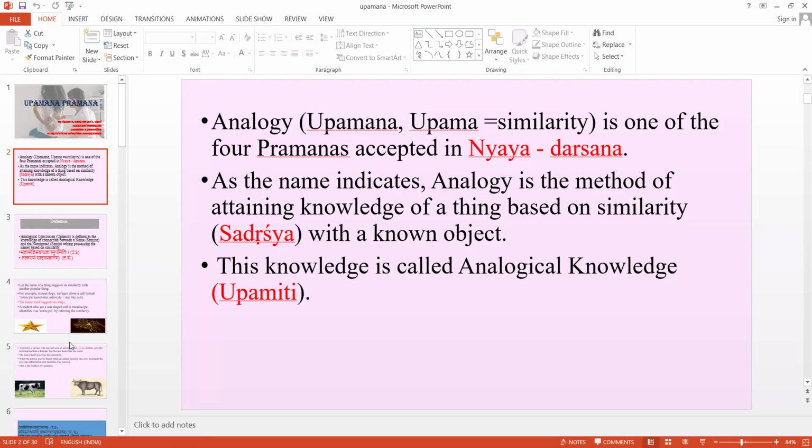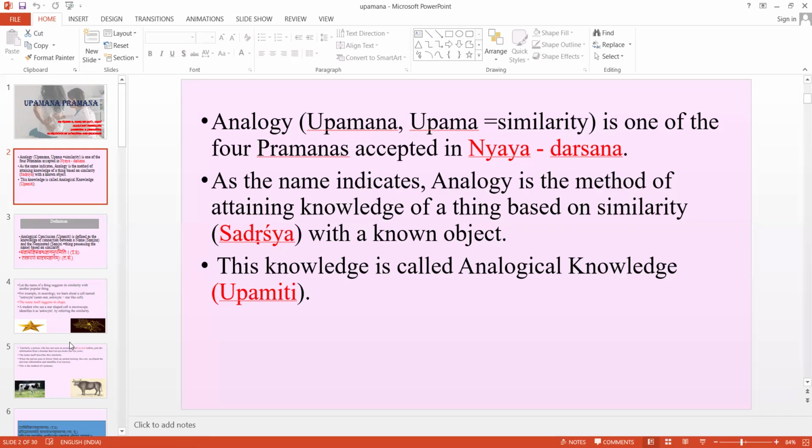You recollect the sentence already told by your friends, and after that you infer. Inferring means you are applying anumana pramana here.